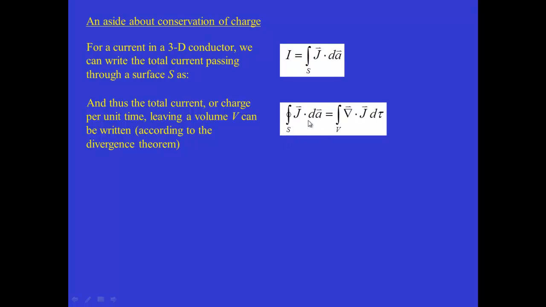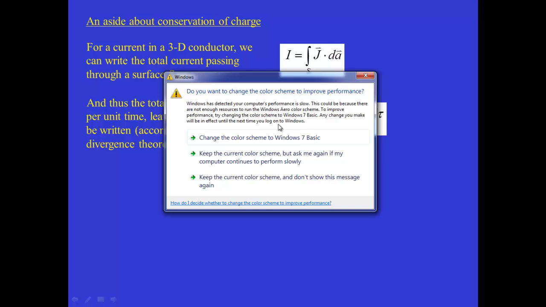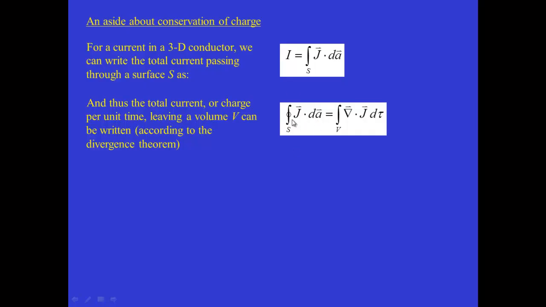And we know, according to the divergence theorem, that that has to be equal to the integral of the divergence of J. So remember that the integral of the derivative of a vector function is equal to the surface integral of that same quantity. And so this kind of relationship, no matter what J is, will always hold true. But we see that this term on the left-hand side represents the net current flowing through this region.